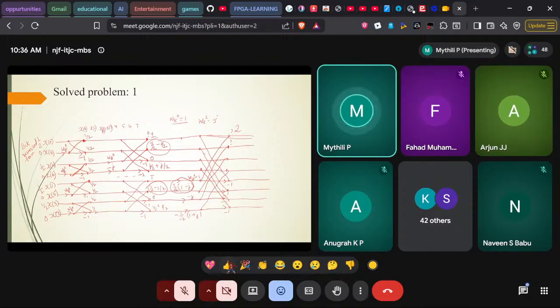And the number which you are multiplying should be a clear number of the form a plus jb. University exam or class internals, the number has to be like this. It should not be like this, 1 by 2 minus j by 2 plus half minus j by 2 into 1 minus j into 1 by root 2.